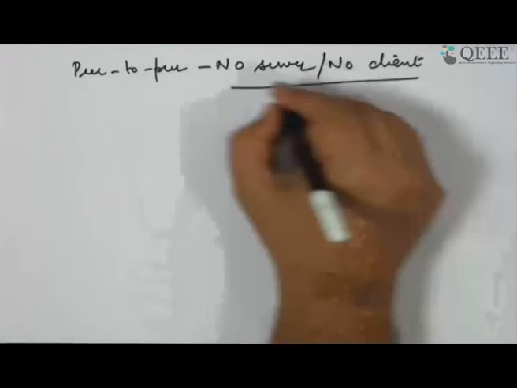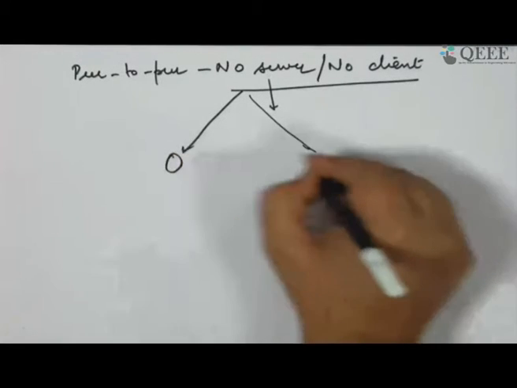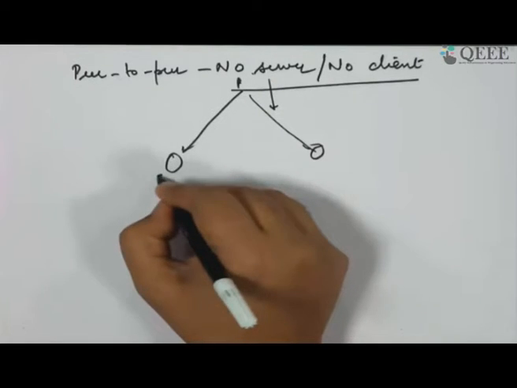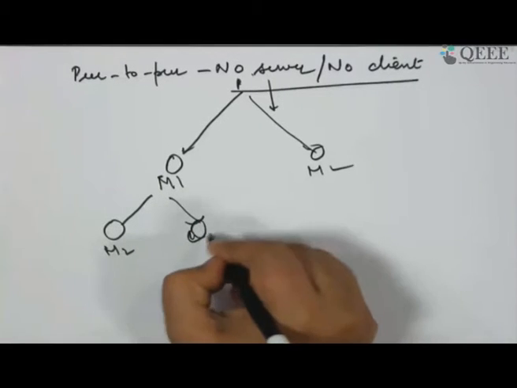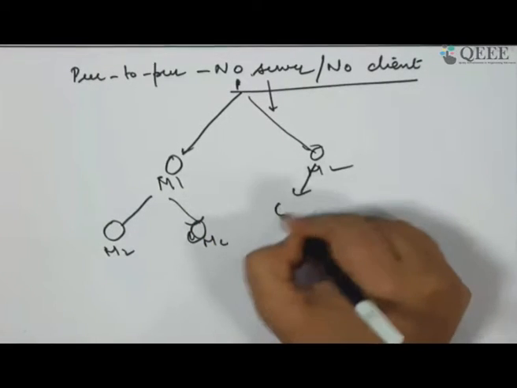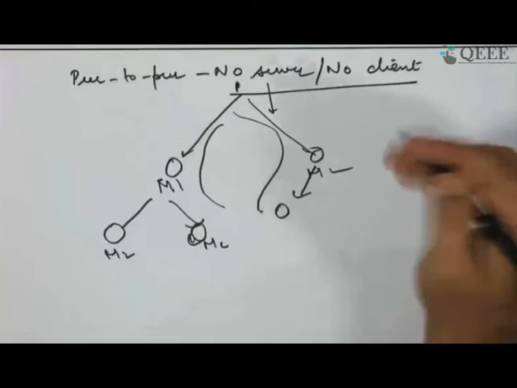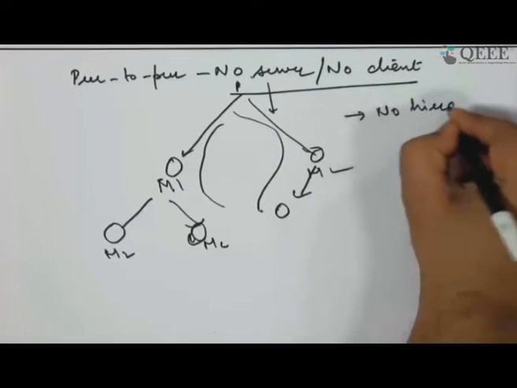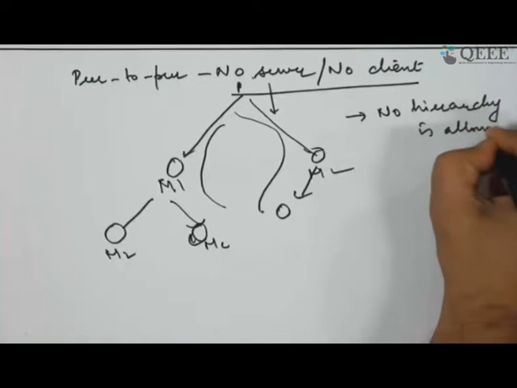If there was a server, then there could be a hierarchical sort of design: from the server, machine 1 has gone, and machine 2 has gone, then machine 3, then machine 4. Some sort of hierarchical design could be there, in which way you will route. But here no hierarchy is allowed.